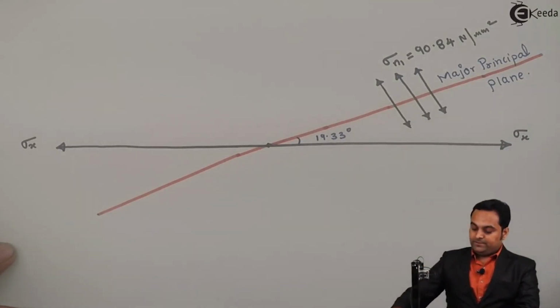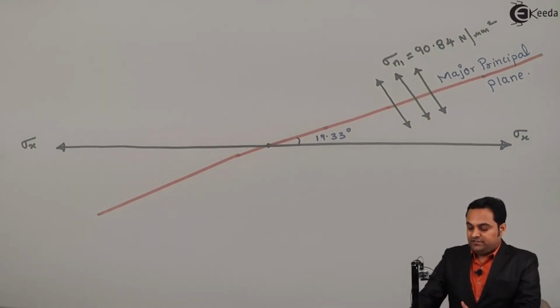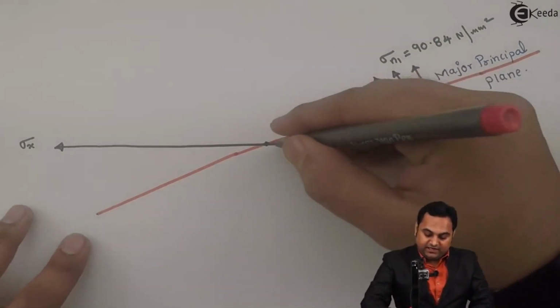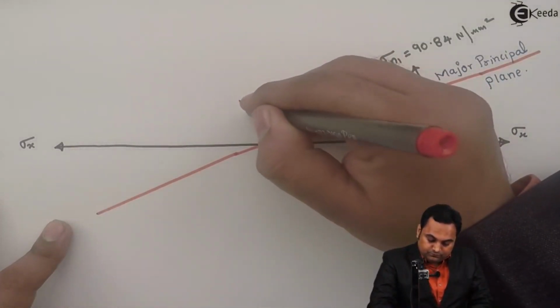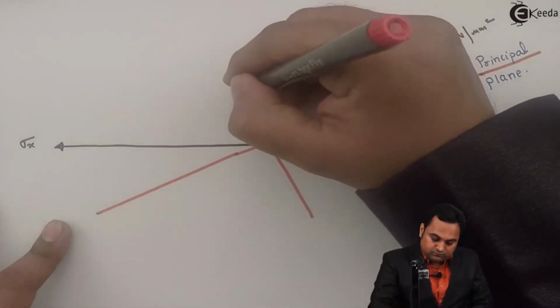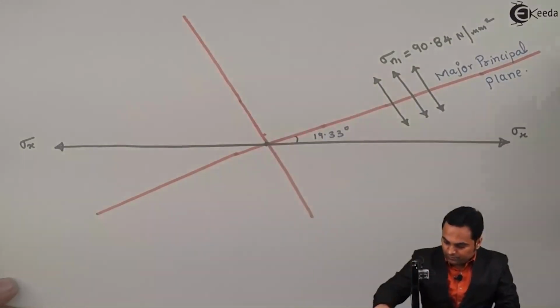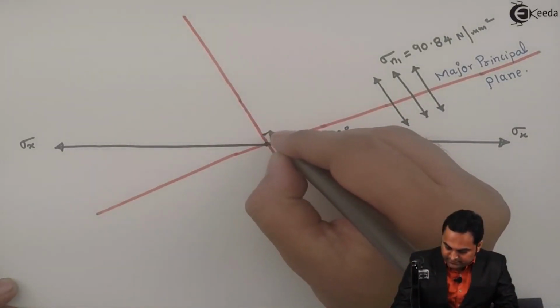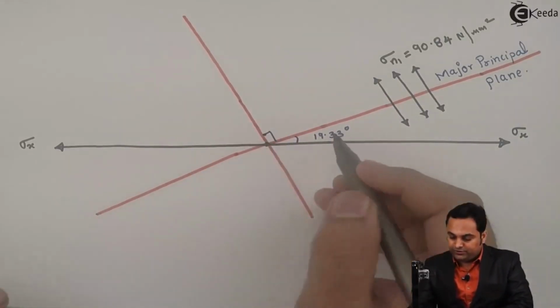Now after this there is the minor principal plane which carries the minor principal stress, and that was exactly 90 degree to the major principal plane. Now here this angle is 90 and the total angle is 109.33.